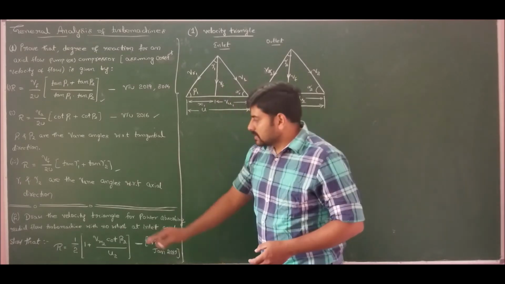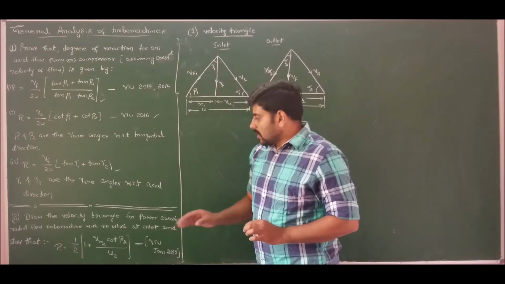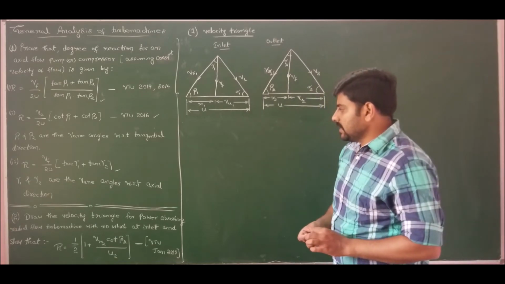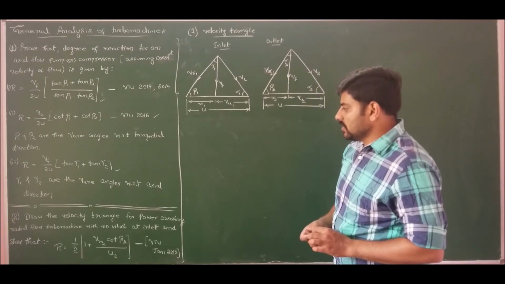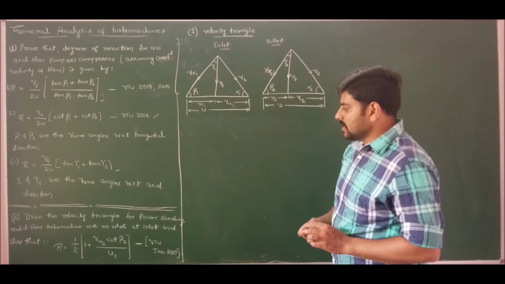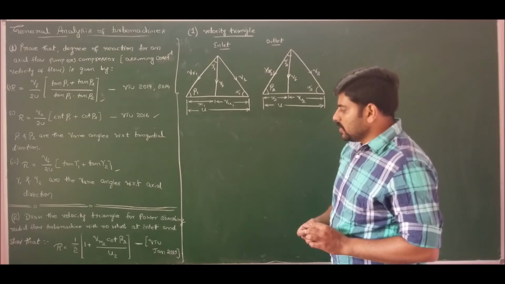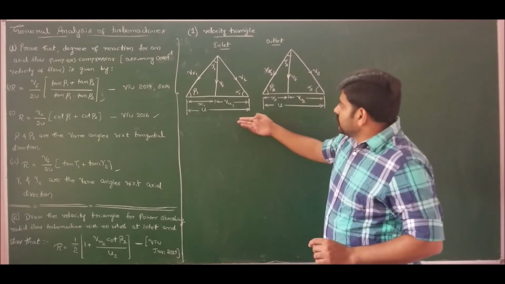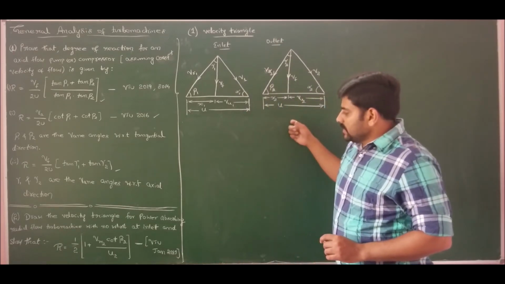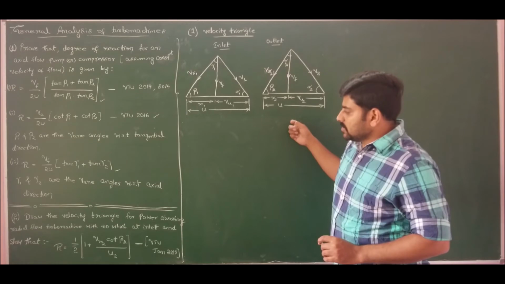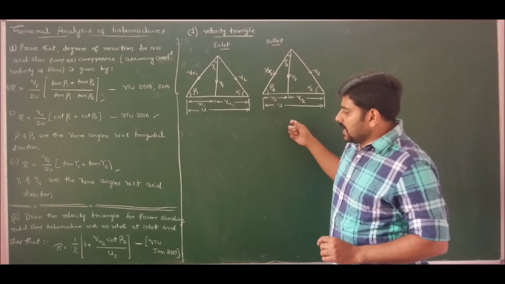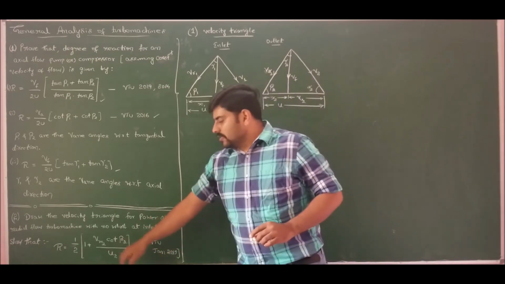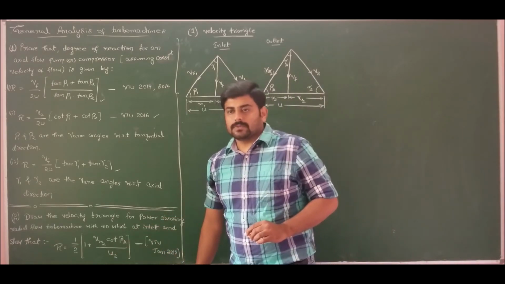Now moving to the second proof of this lecture: draw the velocity triangle for a power absorbing radial flow turbo machine with no whirl at inlet and show that the degree of reaction is equal to 1 by 2 of (1 plus Vm2 cot beta 2 by U2). We have already drawn the velocity triangle of a power absorbing turbo machine, but here there should not be any whirl at inlet and it is radial flow, indicated by the notation Vm, the meridional component of absolute velocity.